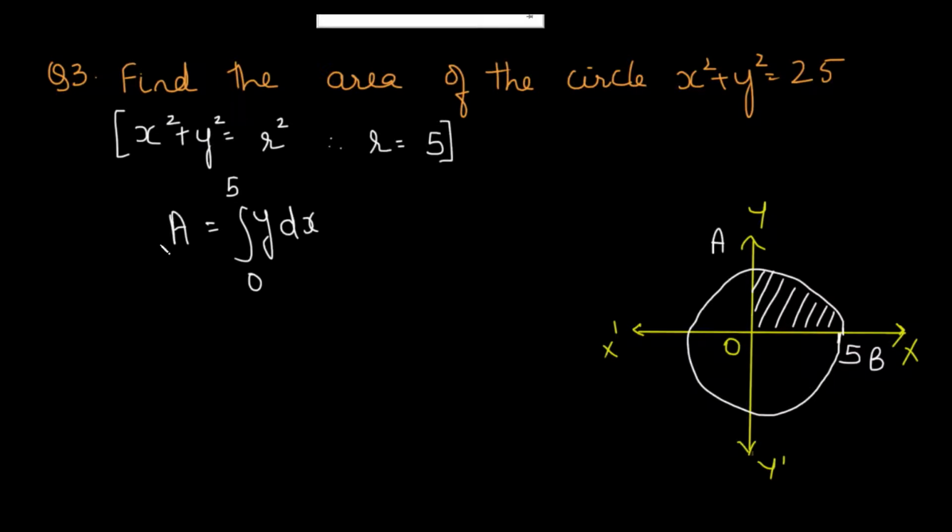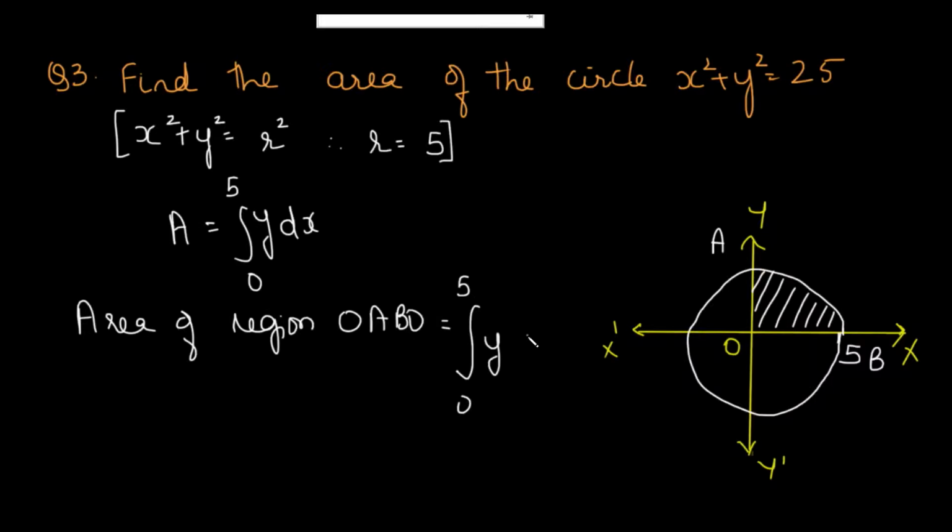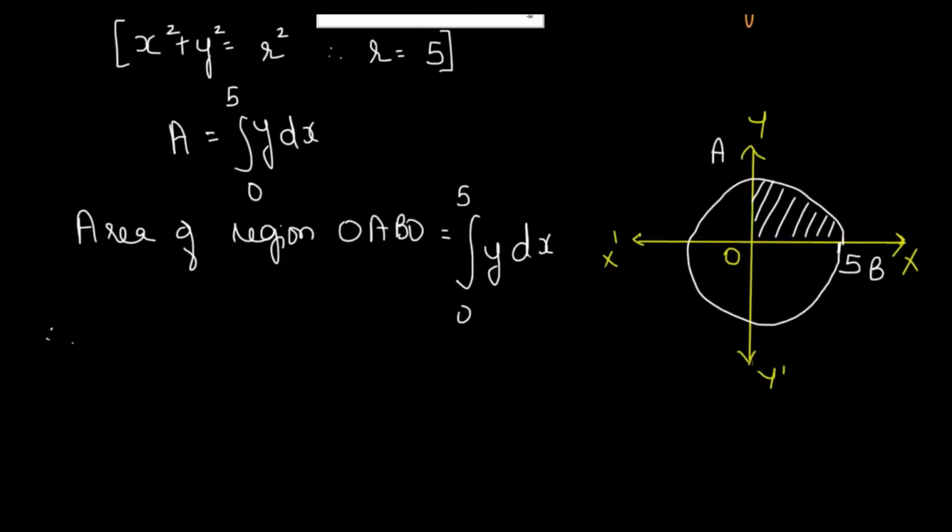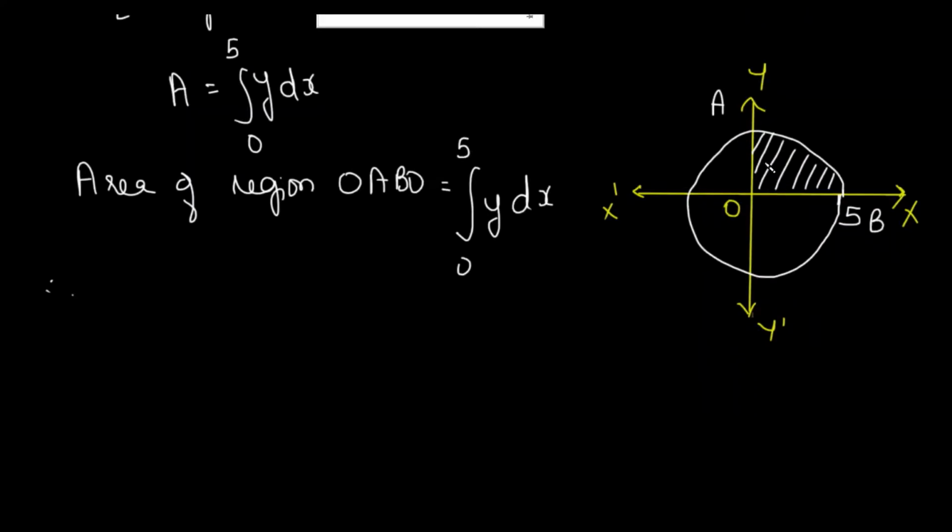So OABO is the area of this region. Let me write it properly for you. Area of region OABO is actually integral 0 to 5 y dx. Therefore the required area is 4 times this particular area.